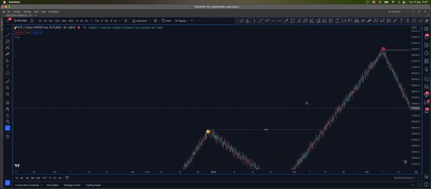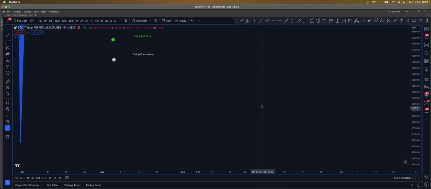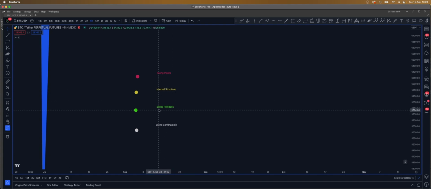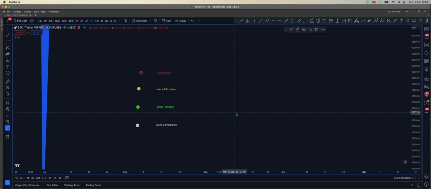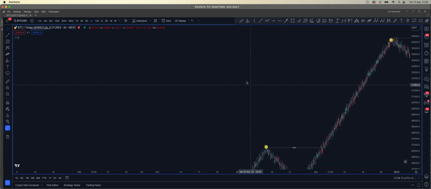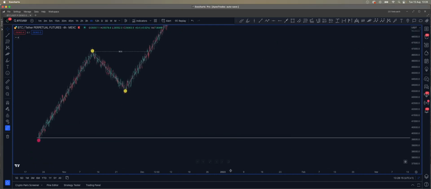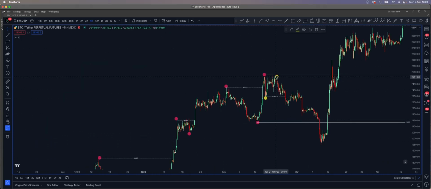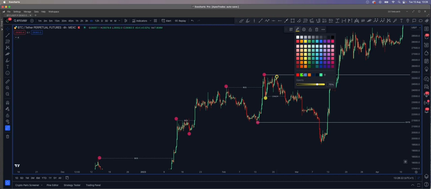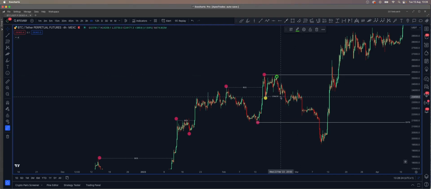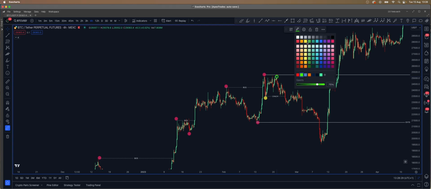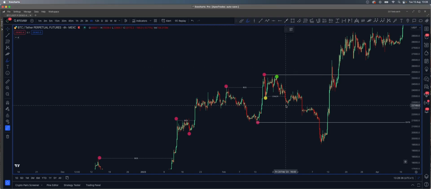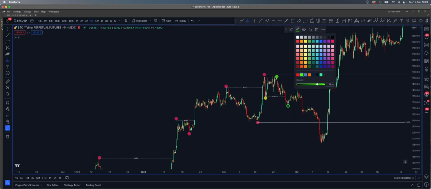So our color scheme is, if I can find it, internal structure, swing, pullback, and swing continuation. Let me just get them online. That'll do. So swing pullback is green. So this we would color green, but we wouldn't only color it green once we break this change of character, right? Then we move, of course, into bearish structure, and we highlight this as yellow because it's a low.